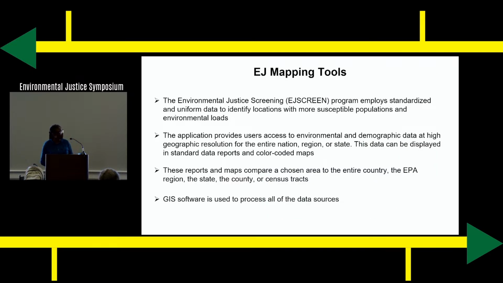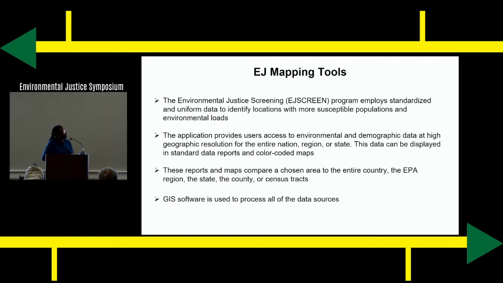Next, please. So what are EJ mapping tools? EJ mapping tools are very important because it's a standardized method to identify locations which are more susceptible to pollution and environmental load or burden.